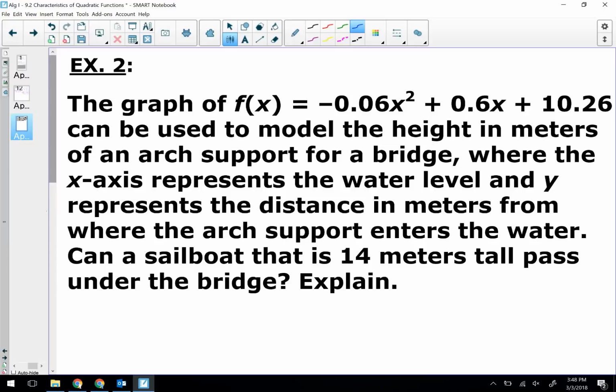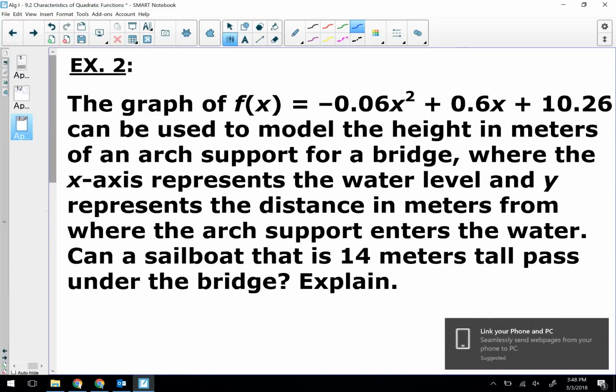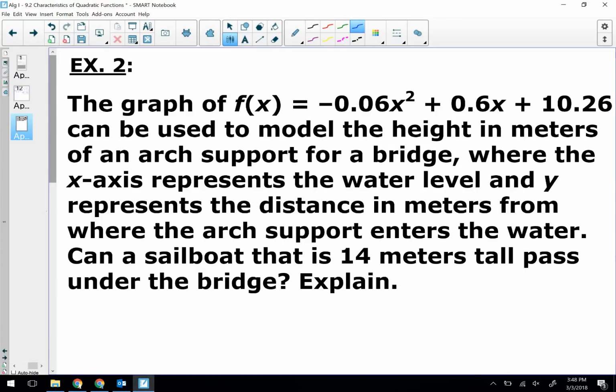A lot of sales reports are based on quadratics because at some point, you keep making more of something and demand goes down, and then the revenue is going to go down. So there are a lot of things that are modeled by this sort of quadratic motion, and we're going to have a lot of word problems in here.